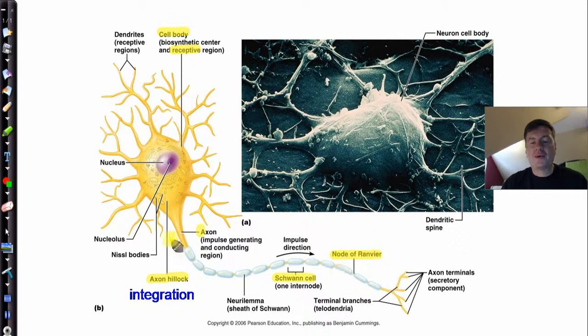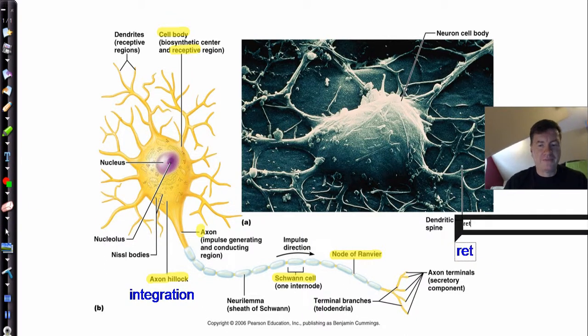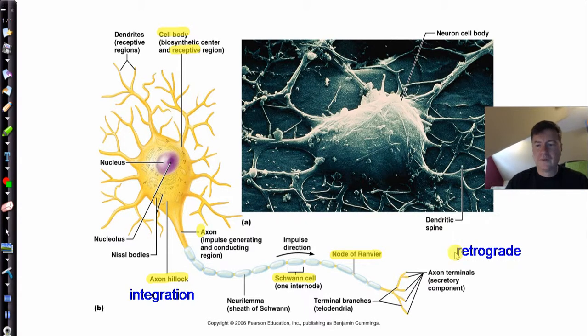I want to point out one more thing before we go, that even though you have this long, skinny extension, there actually are mechanisms to transport some materials from this direction to that direction, and that is called the retrograde pathway. So some materials do travel that direction.